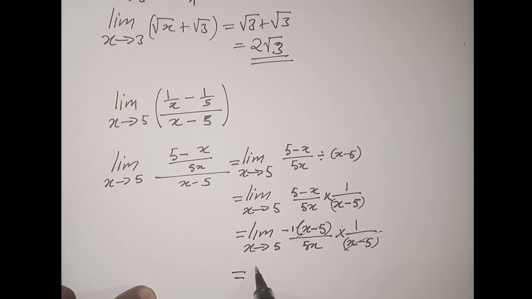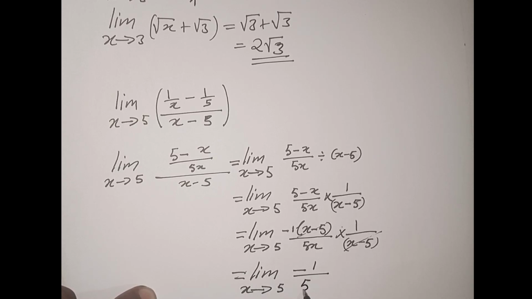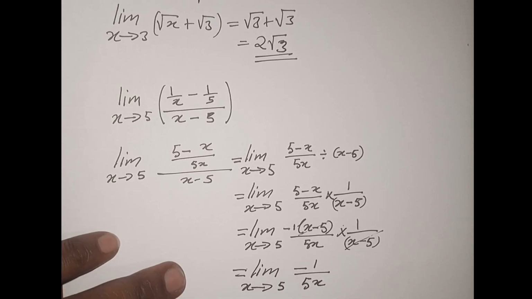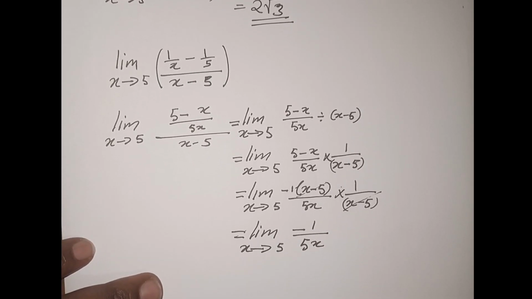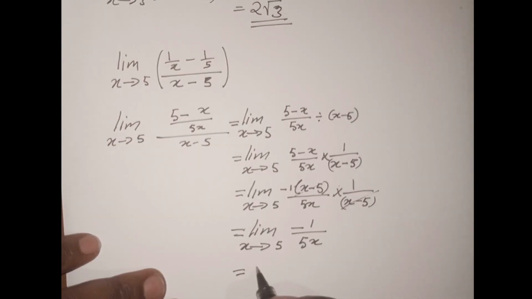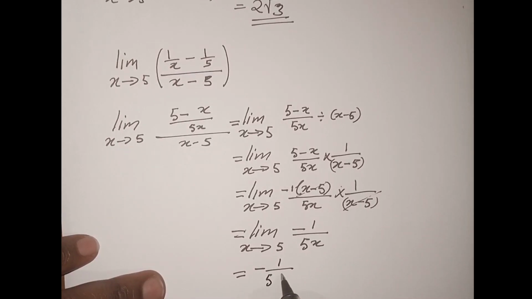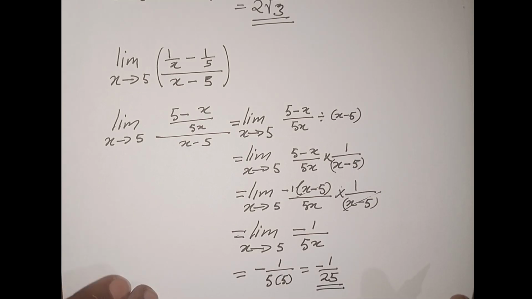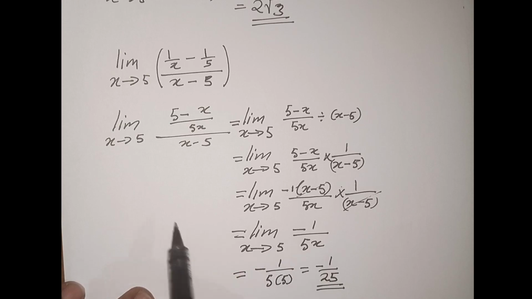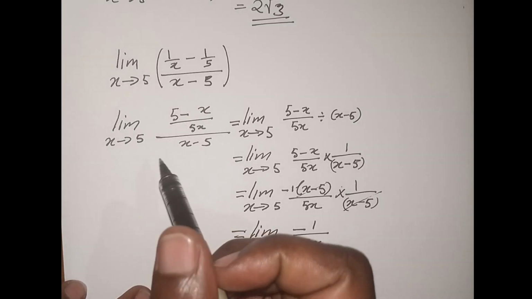So you end up with the limit as x approaches 5 of -1 over 5x. Now you can perform the direct substitution. So you end up with -1 over 5 times 5, which is -1 over 25. This is your limit for such a function.